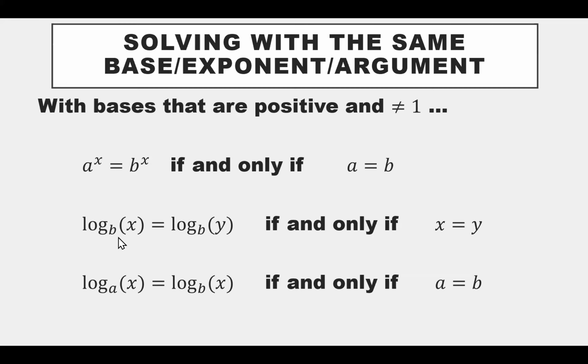Similar here, I need the exact same base on both sides. I need these arguments at both x and y to be positive for this to make sense. Again, here we need x's to be positive for this to make sense. If so, then we can set a equal to b.